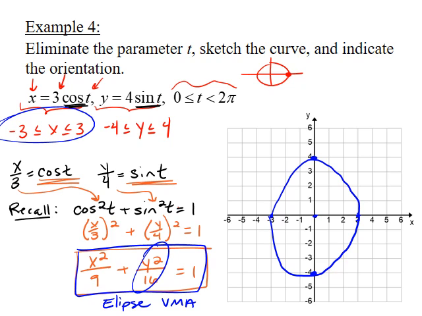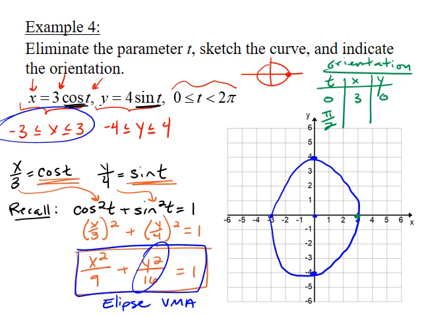So remember, in order to find the orientation, you can always make a t-chart, plug in increasing values of t, so try 0 and pi over 2, and then find the corresponding x and y values. So this would be 3, 0, so here. And then this would be 0, 4, which would be here. So you can tell that the orientation is going to be in this direction.